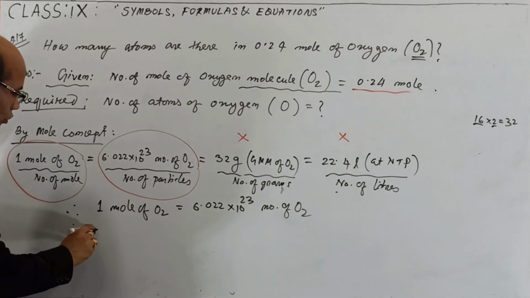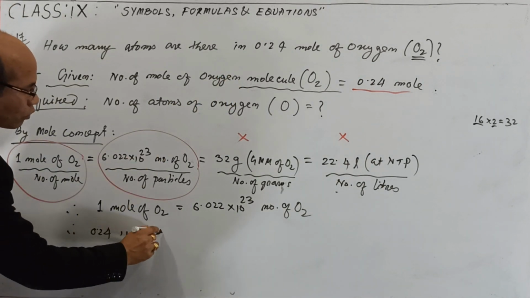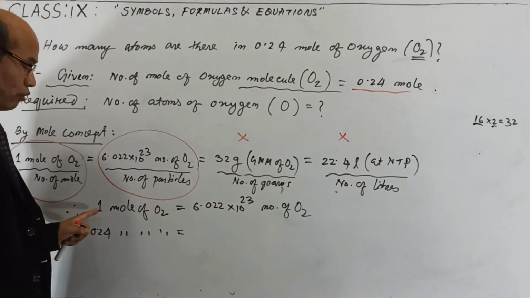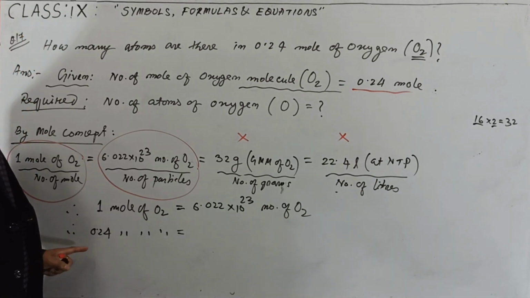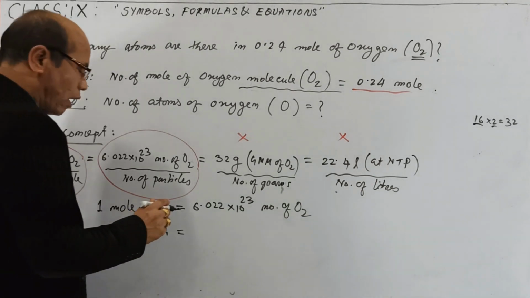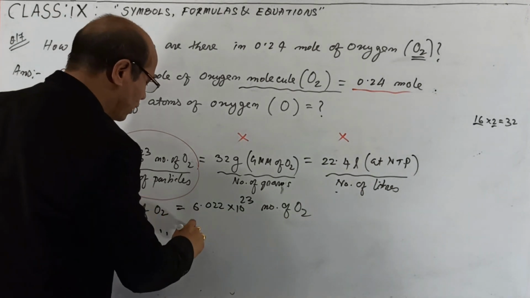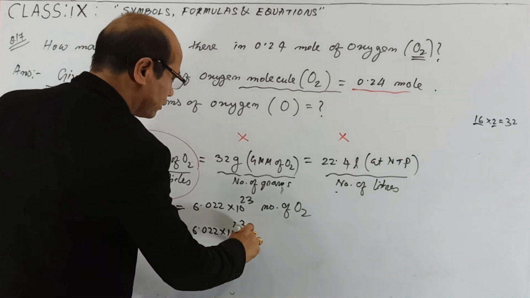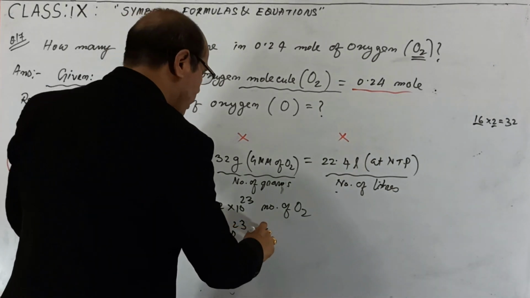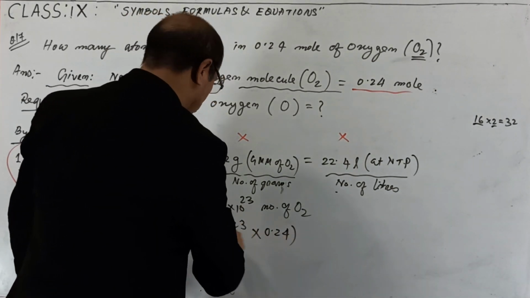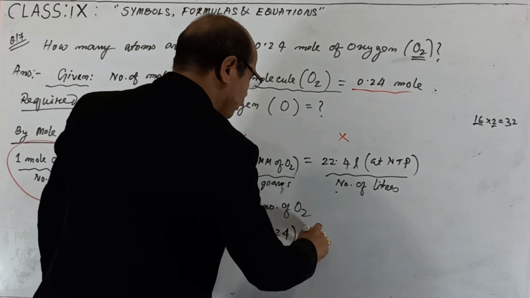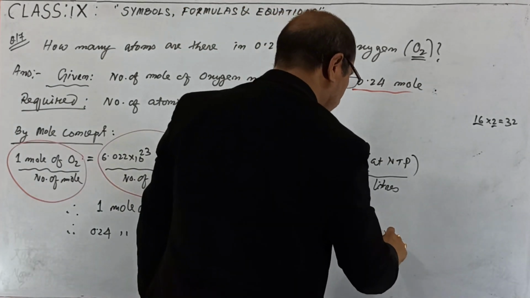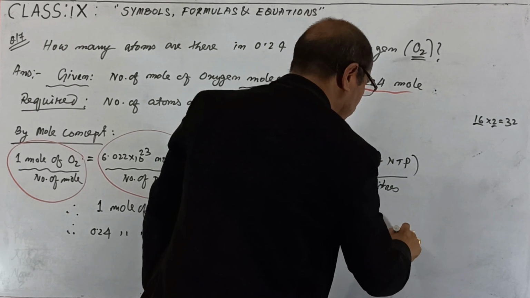Therefore, for 0.24 mole of oxygen, how many oxygen molecules should be there? If you know the value of 1 mole, then you can find the value of any number of moles by multiplying the value of 1. So 6.022 into 10 to the power 23 into 0.24. This is the number of O2. O2 means oxygen molecule.